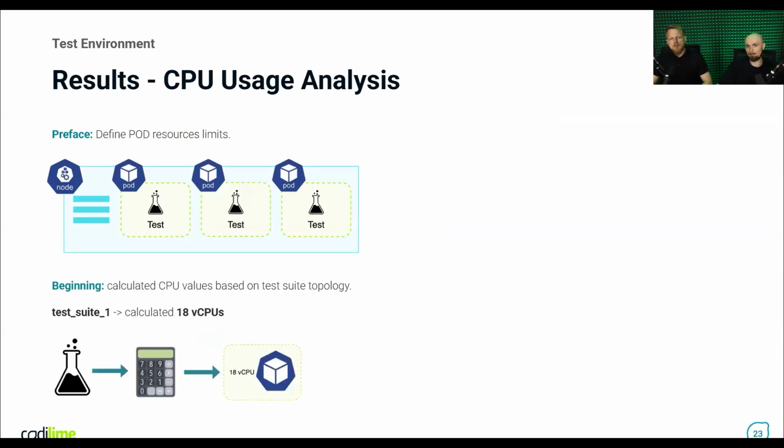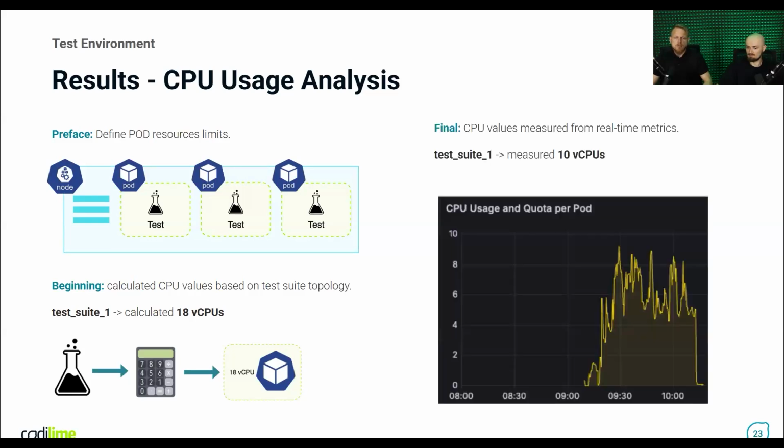So at the beginning, we set CPU limit based on calculations from test suite topology file. For example, we estimated around 18 vCPUs for test suite 1, but when we checked real usage, it was much lower than calculated. In this case, tests use about 10 vCPUs.